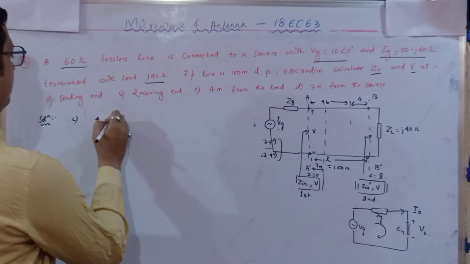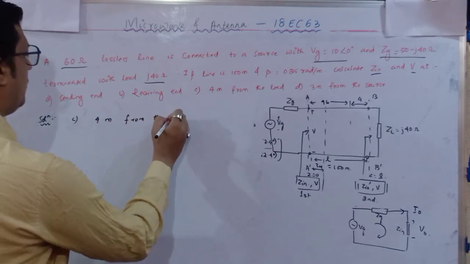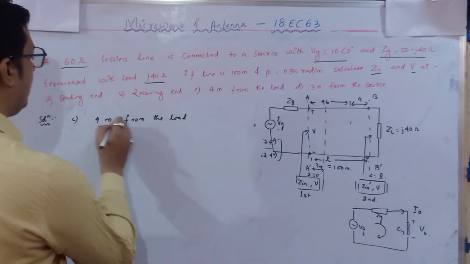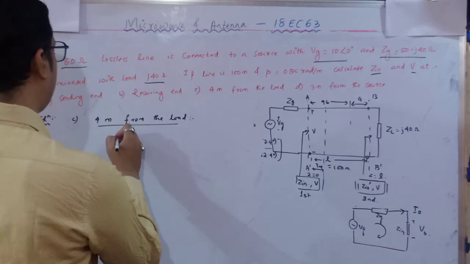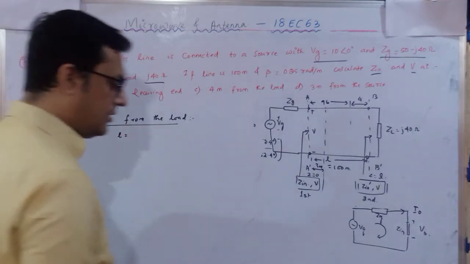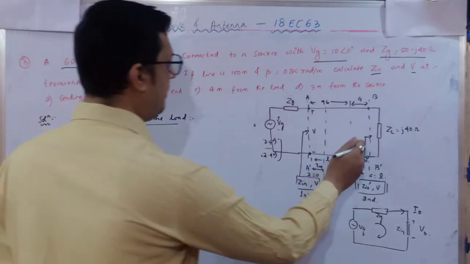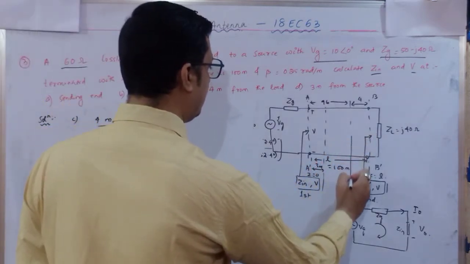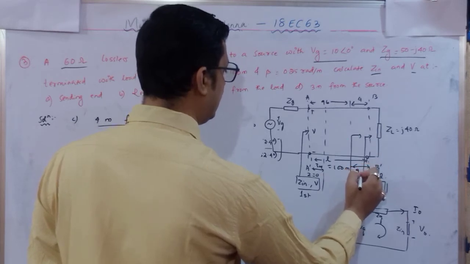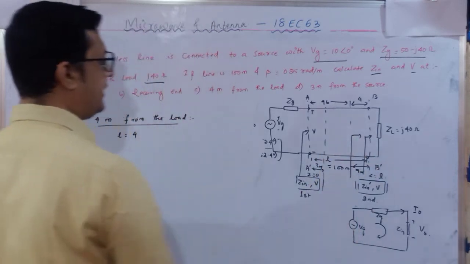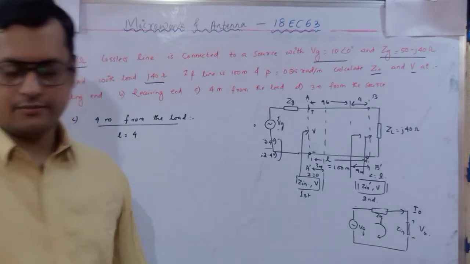So 4 meter from the load means your length is equal to 4, because at this point we are calculating now. At this point, the input impedance and potential we have to calculate.